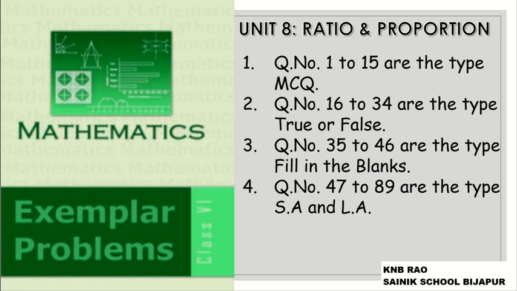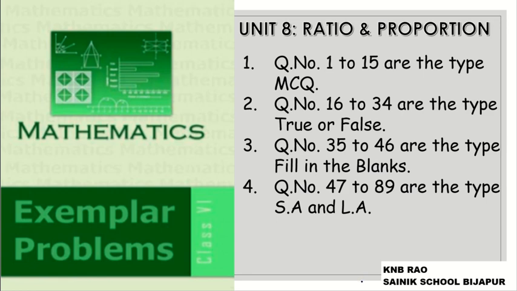Here in this NCERT exemplar problems, the ratio and proportion unit number 8 has got a total of 89 questions, in which 1 to 10 are MCQ type, whereas 11 to 15 are of fill in the box type.